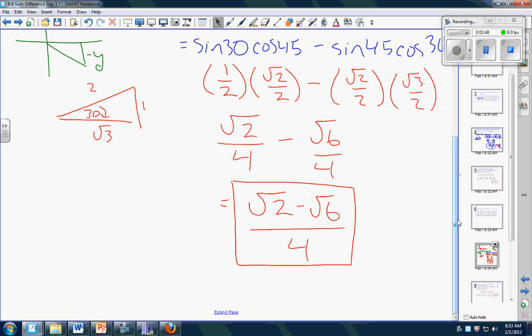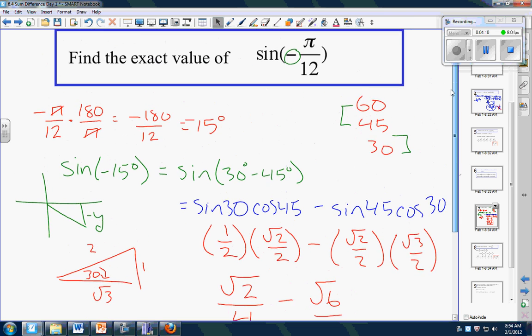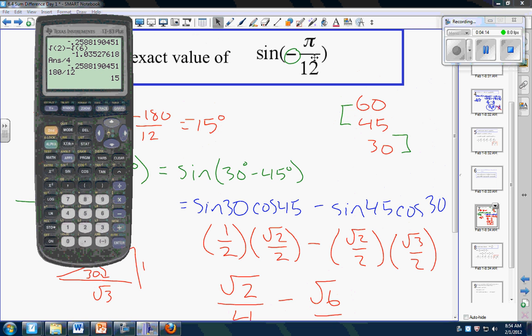Okay. Now we said our answer should be negative for this. This guy isn't screaming that it's a negative because it doesn't have something out here. But keep in mind, if you take square root of 2 minus square root of 6, that gets you to a negative anyway. So if we go back to the original problem and you want to check this in your calculator, you can. If you're going to check it with pi over 12, make sure you're in radians. We converted it to degrees, so I'm still in degrees here.